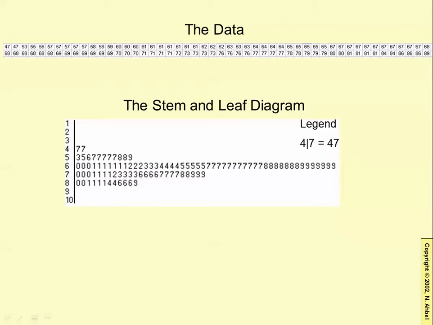So a stem and leaf diagram takes the 247 data points and breaks them up into a stem of 4 and the 2 leaves of 7. Similarly, there were 4 73s and they're shown as 1 7 stem and 4 3 leaves.